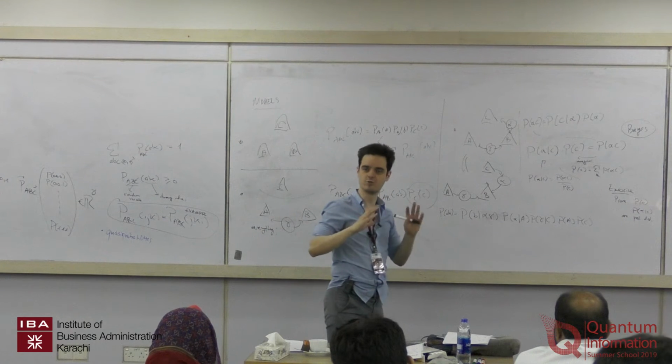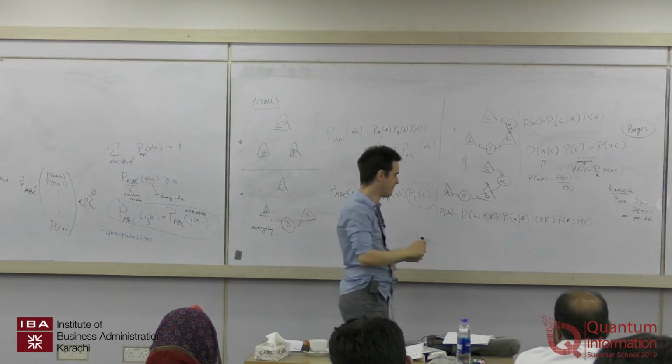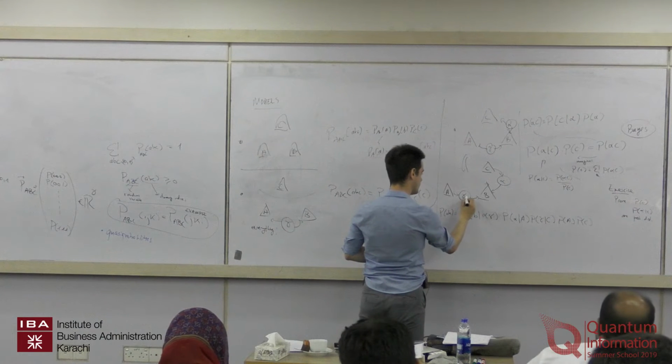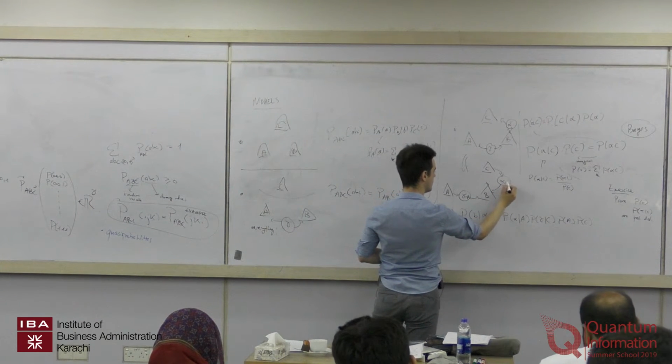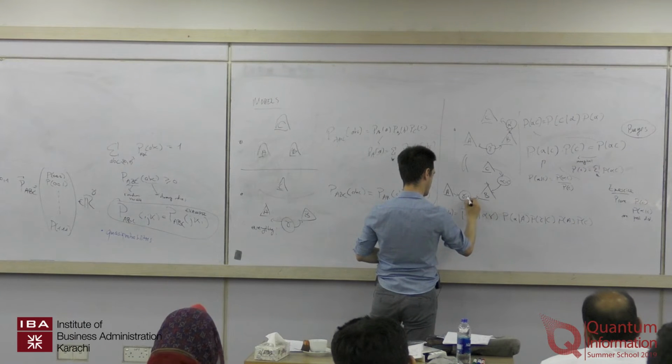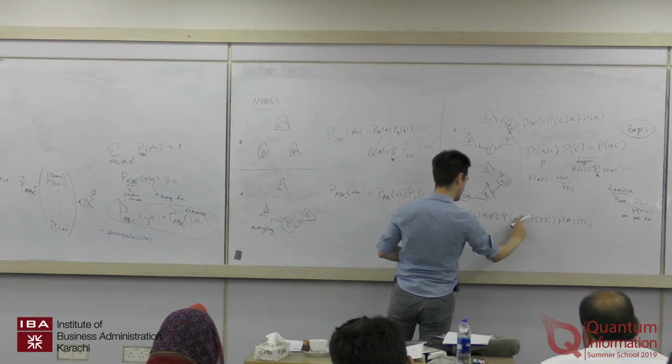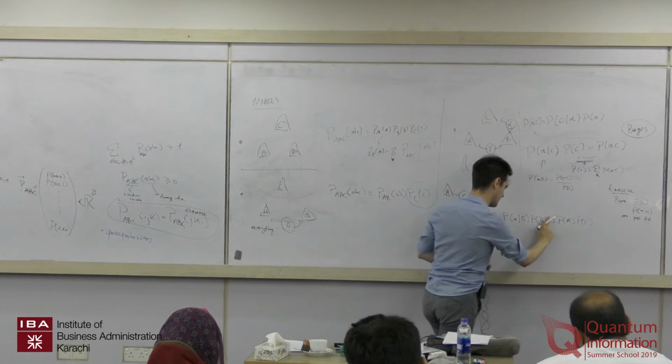But now I'm going to do a last step to transform this diagram. I'm going to say that actually gamma is equal to A and alpha is equal to C. Okay, wait a minute. Alpha and C.